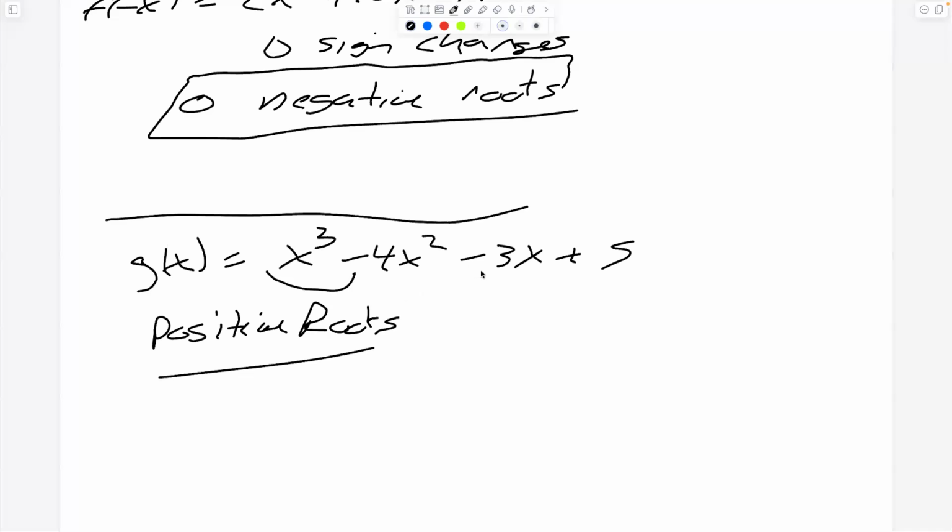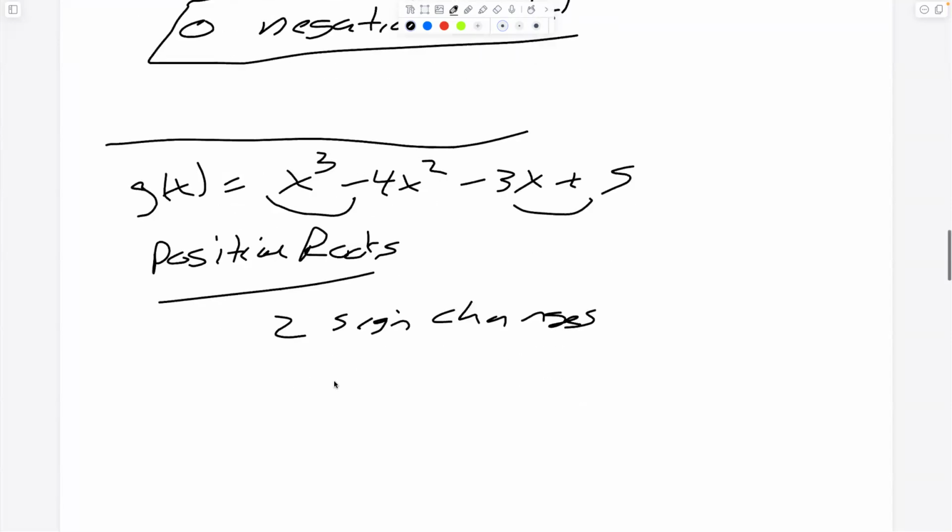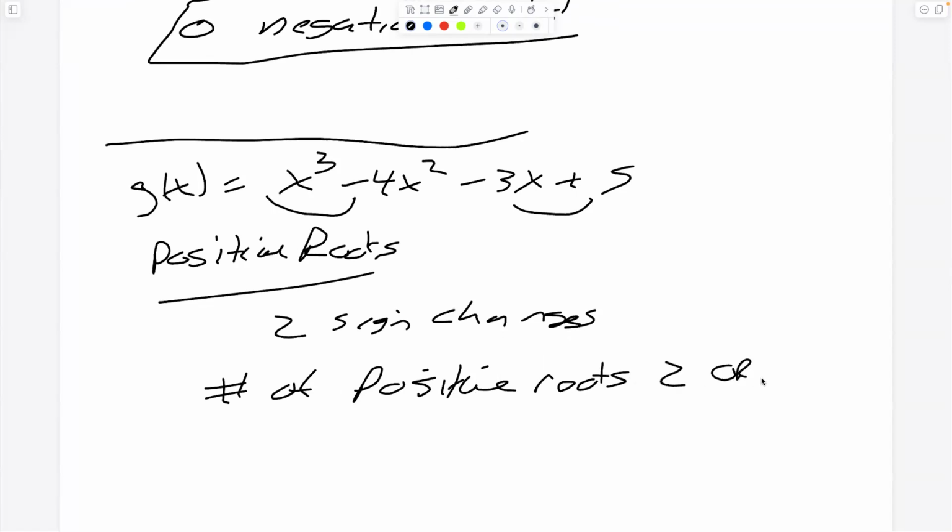Stayed the same, changed again. Another sign change. So two sign changes. So the number of positive roots must be 2 or 0. I keep subtracting 2 until I can't subtract anymore.